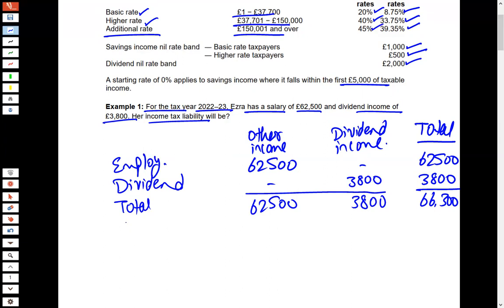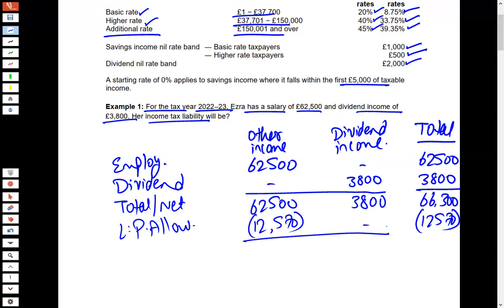Since there is no qualifying interest, whatever is the total income would be my net income. From the net income, I deduct the personal allowance. The personal allowance is the same as earlier, 12,570.